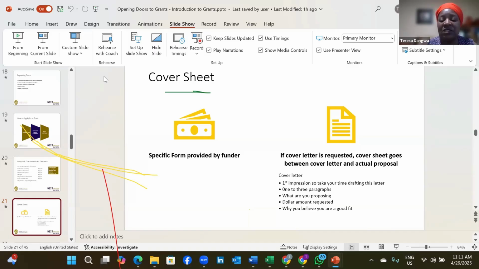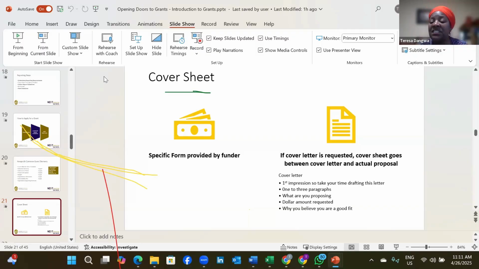So if they have not given you a template and they are asking for a cover letter, then this is what your cover letter needs to look like. It needs to be 1 sheet, and it usually goes between the top cover and your table of contents and the actual proposal.